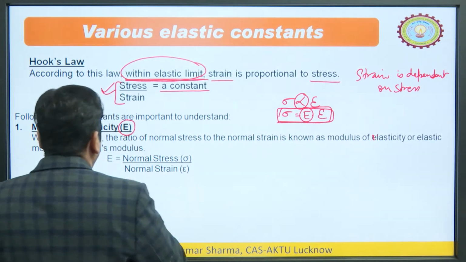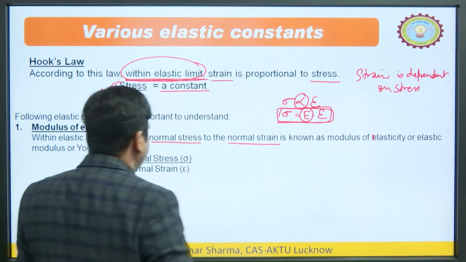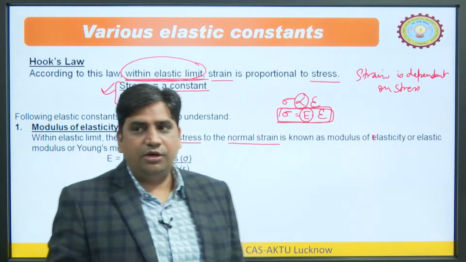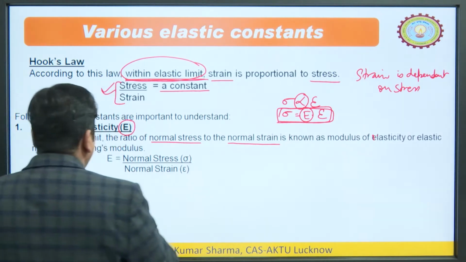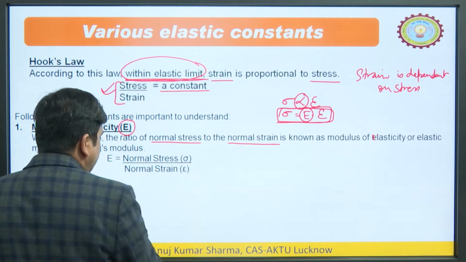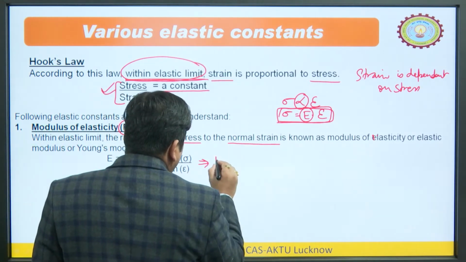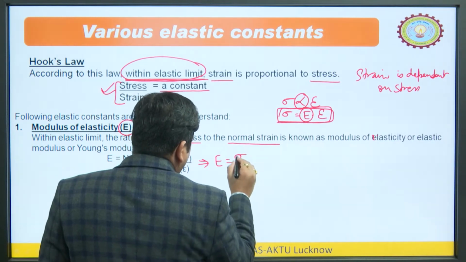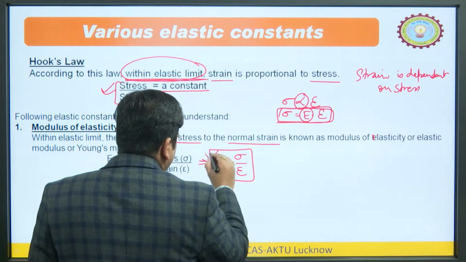Within elastic limit, the ratio of normal stress, sigma, to the normal strain, epsilon, is E. So we can write E is equal to sigma divided by epsilon. This is the modulus of elasticity.